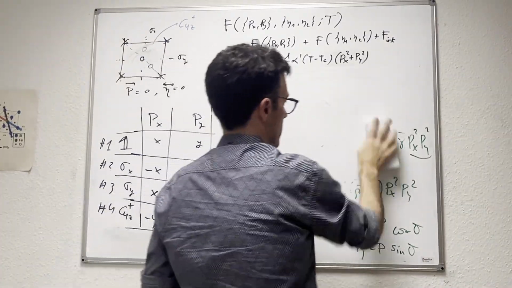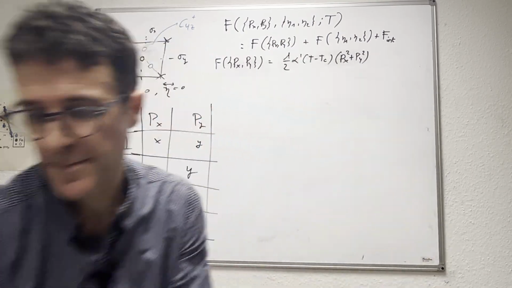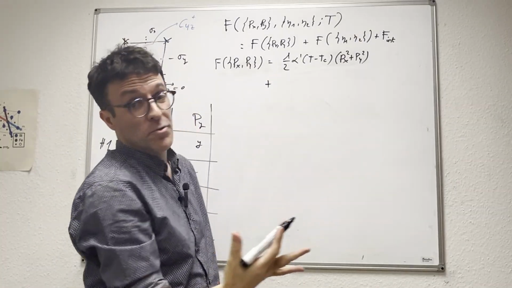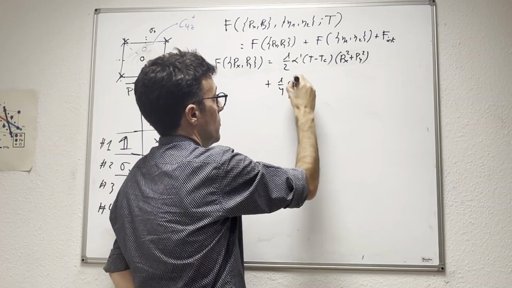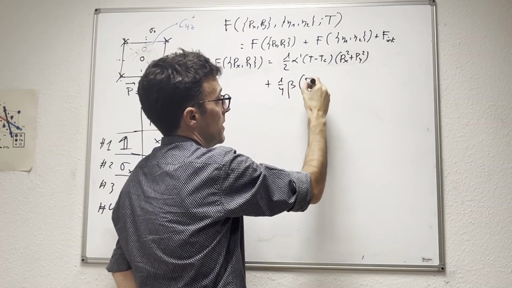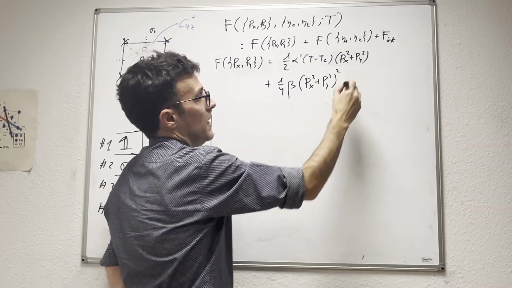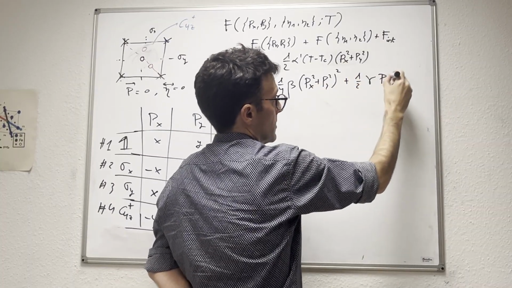In this clever representation, I am going to redefine the coupling constants, okay? Now I have 1/4 beta, but now this beta multiplies px squared plus py squared, and now I have 1/2 gamma, and now this gamma multiplies px squared times py squared.